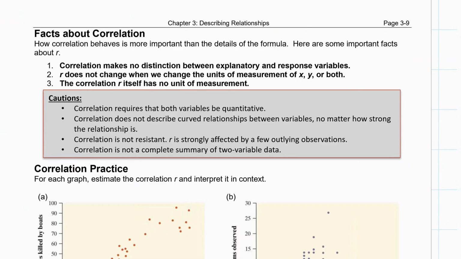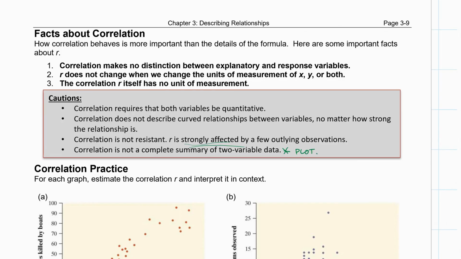Again, R values correlation strictly for the strength of linear relationships. Correlation is not resistant, meaning outliers strongly affect the R value. And lastly, correlation is not a complete summary of the data. What do you need to do to get a complete summary? You need to plot the data and interpret that.